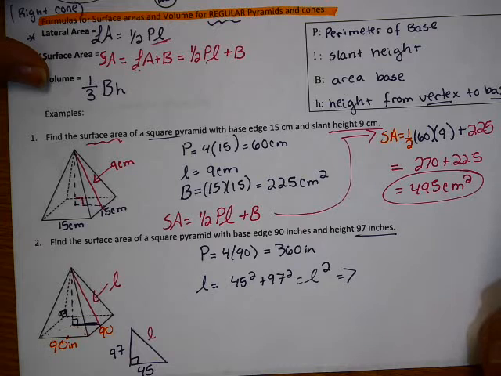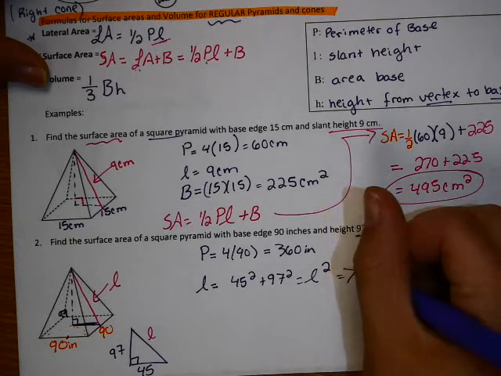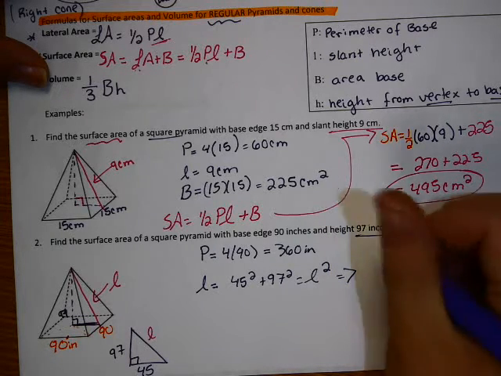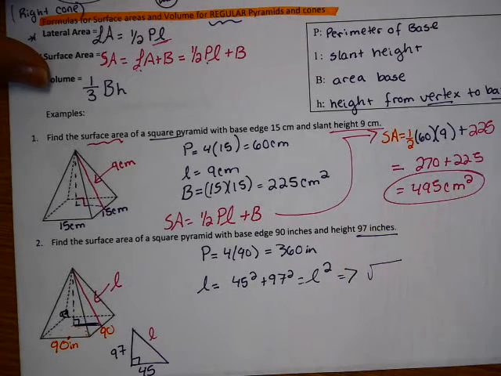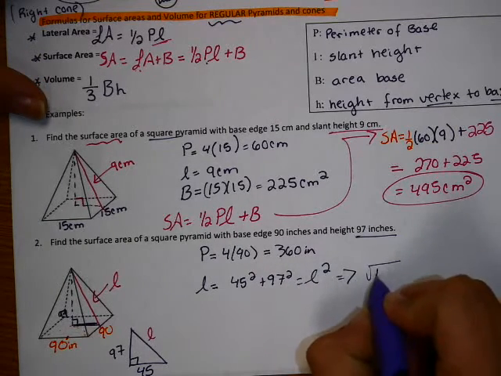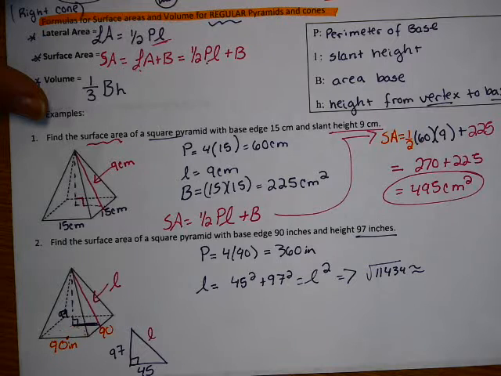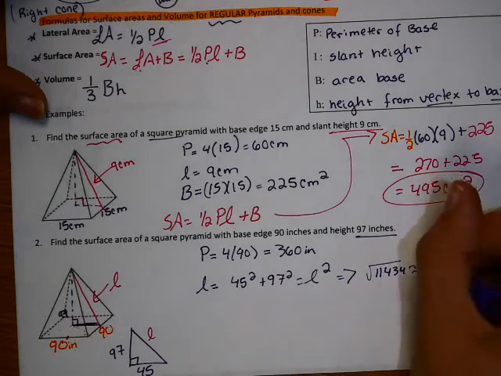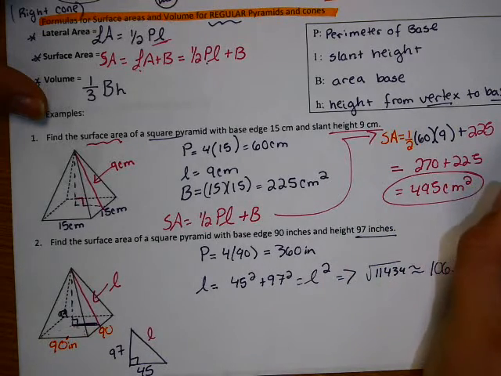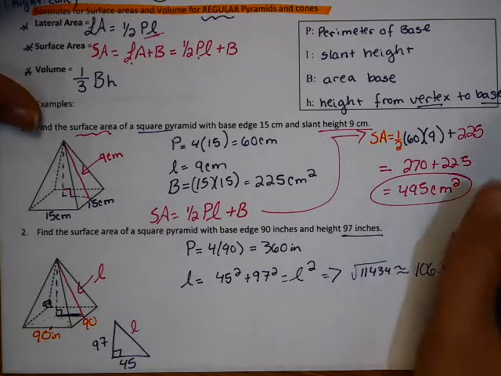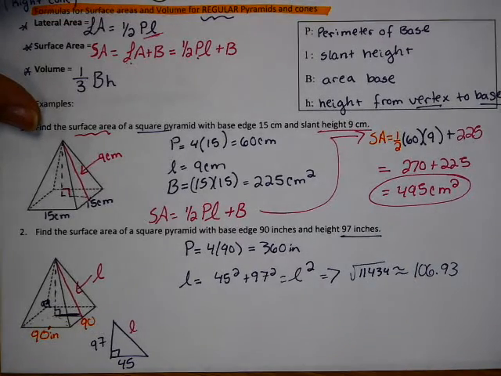The square root of that, let's go out 2 decimal places, so the square root of 45 squared plus 97 squared is approximately 106.93 inches.